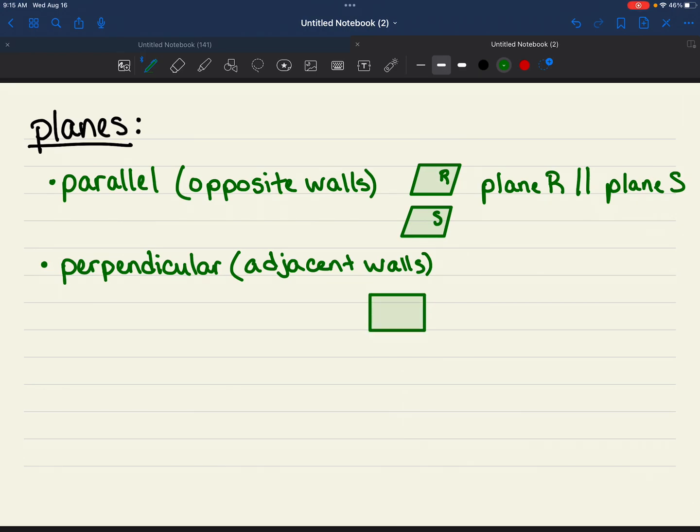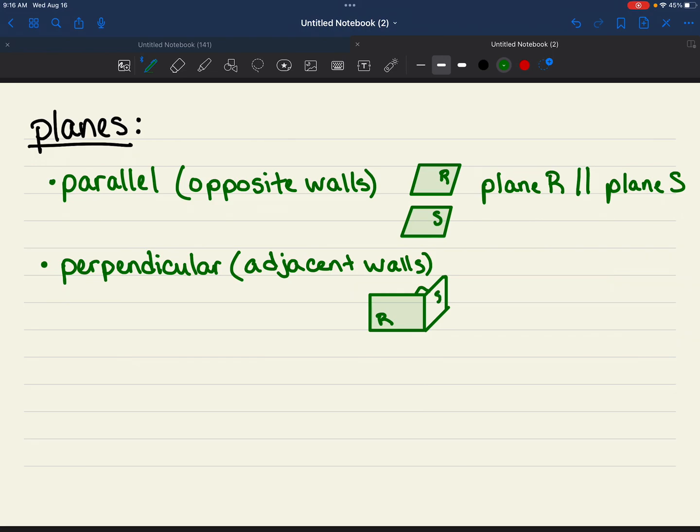If you draw one square or rectangle, and then we're just going to extend off of one side, and then we'll put a right angle right there. Okay.